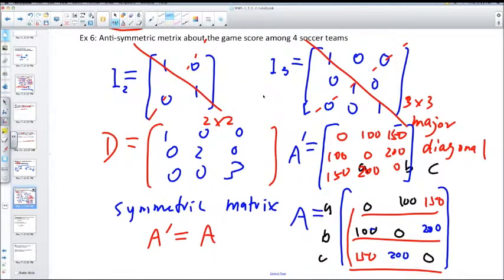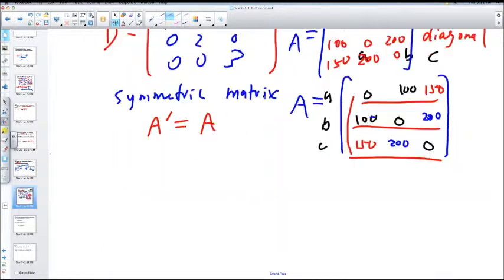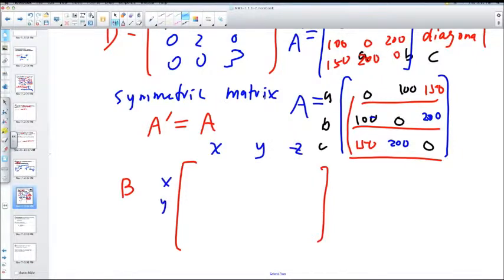Well, the last special type I want to give is this. Let the B matrix stand for the score between three sports teams, X, Y, and Z. We read it this way. The first one, we don't compete with ourselves, so that's all 0. If a team wins a game, it gets 2 points.